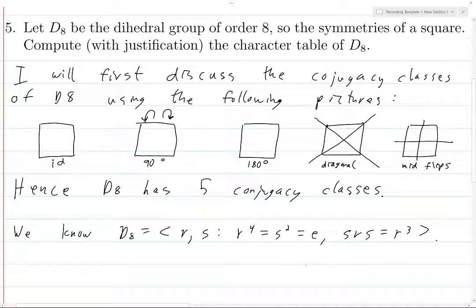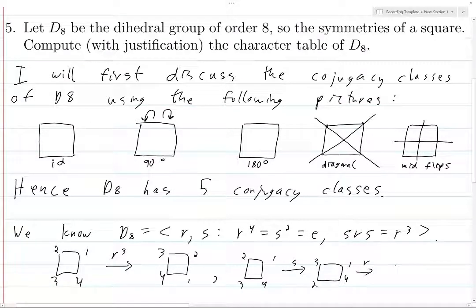And so what you would do is a mid flip, and then you would rotate it, but then you would flip it back, and that would be the same thing as rotating twice, because let's see, if we had 1, 2, 3, 4, that would go to 1, 2, 3, 4, and this is R3, and then if we did S and 4, 1, 3, 2, then R, this is 1, 3, 2, 4, and then you flip it again, get 2, 4, 3, 1.